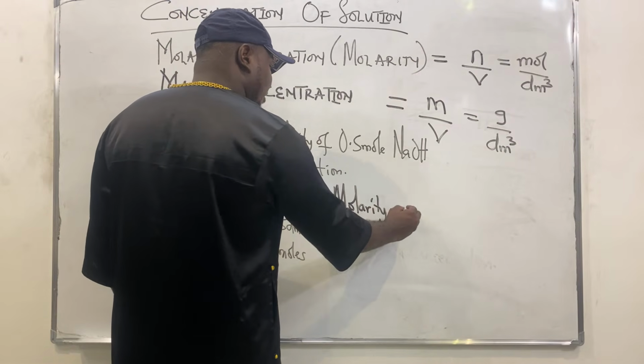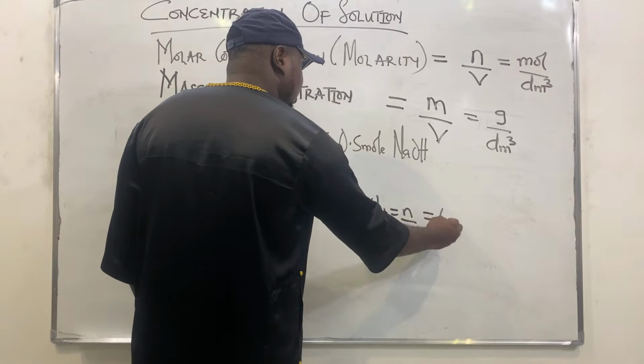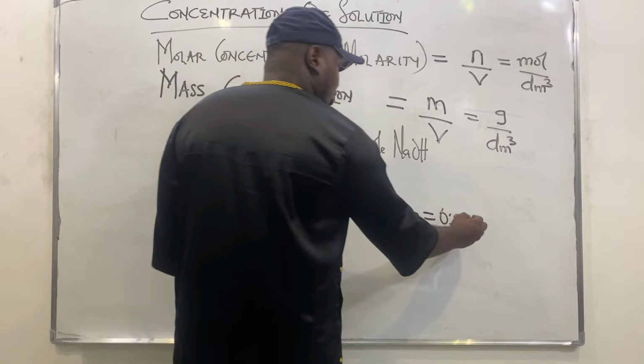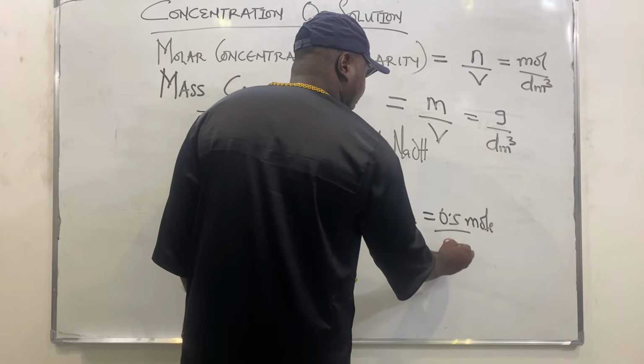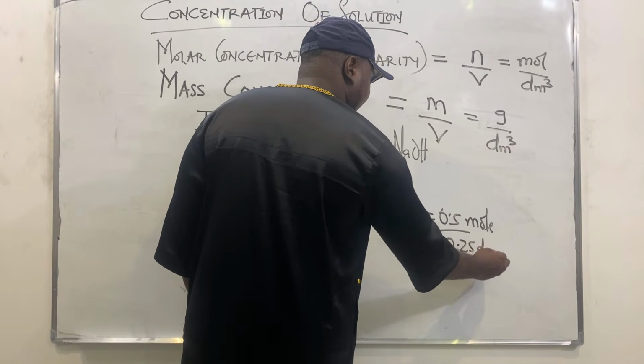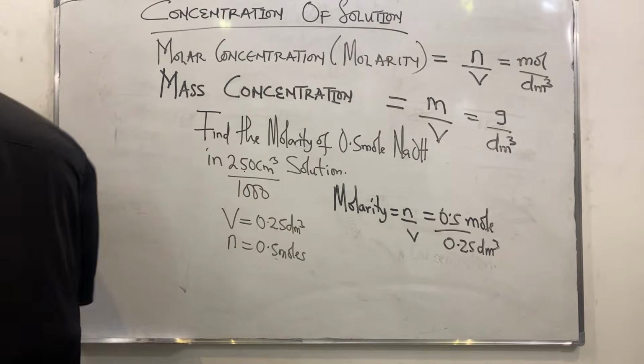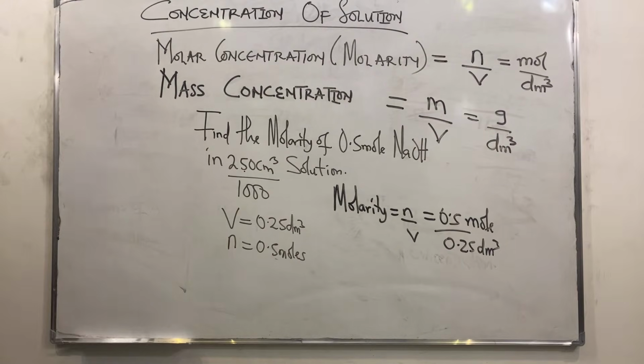So your molarity will be number of moles divided by volume. What's number of moles? 0.5. What's your volume? So 0.5 mole divided by 0.25 dm cube.